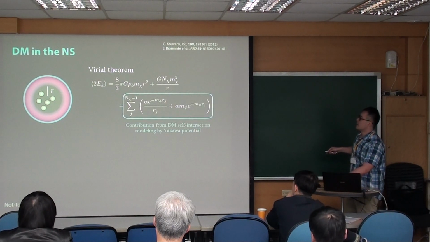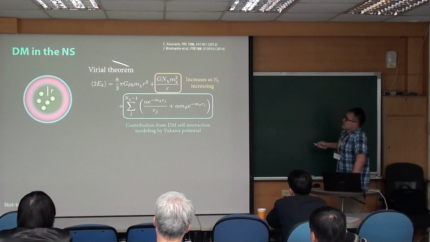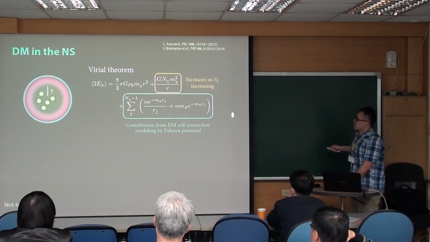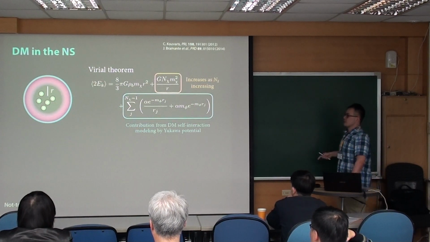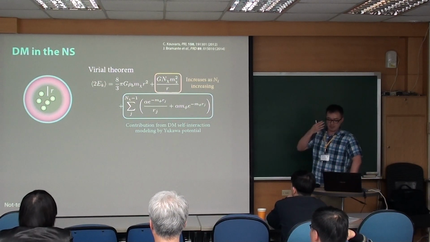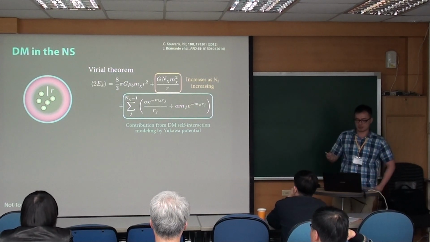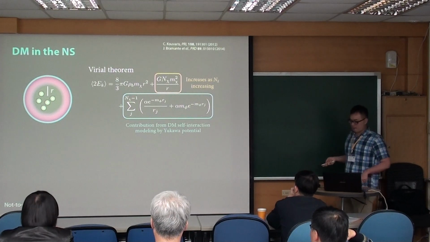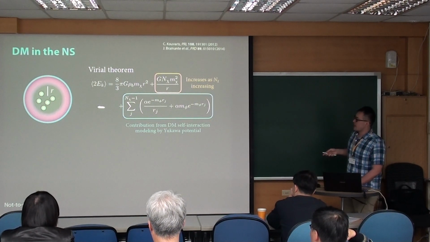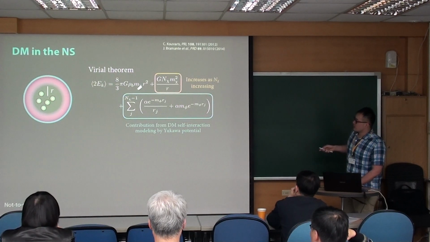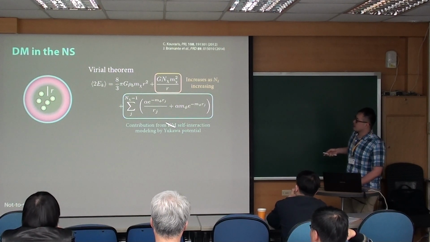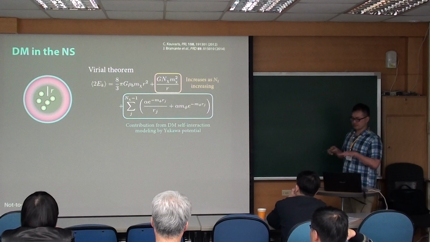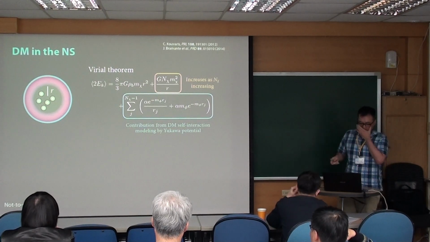However, this term is a constant, but these two terms are subject to change depending on how many dark matter particles are captured inside the neutron star. In the early times, when there are not so many dark matter particles inside the star, the left-hand side and the right-hand side of this equation can reach a balance.